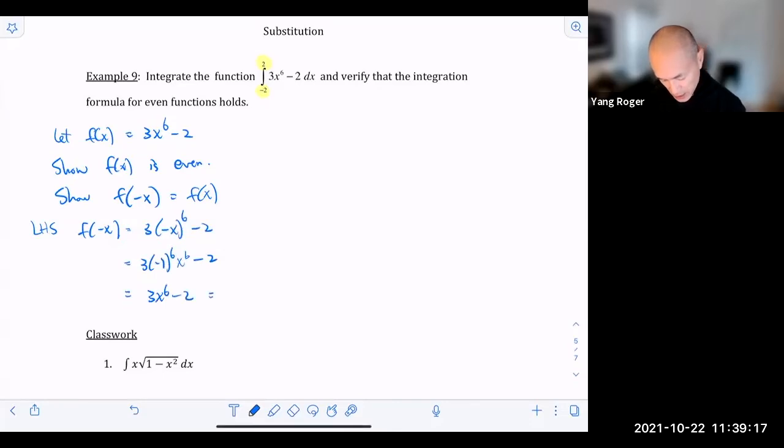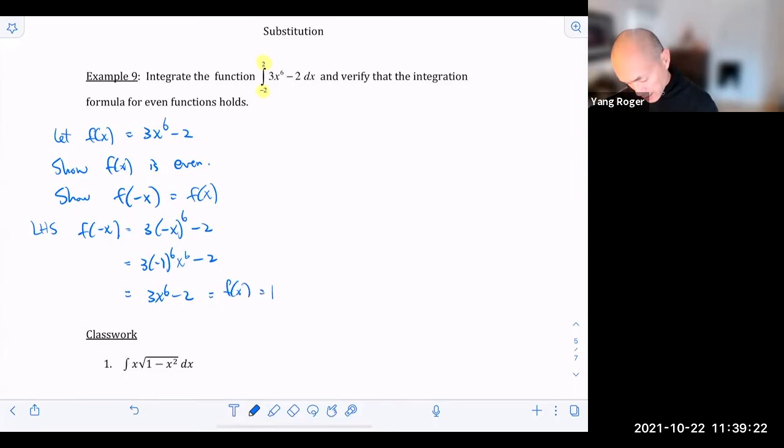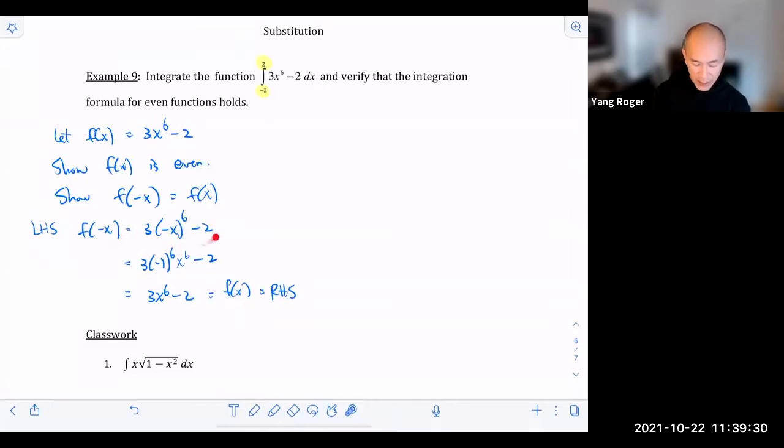And this was the f of x, which is the right-hand side. So what have I done? I used the definition of even to prove this function was even. Oh, sorry. LHS is left-hand side. RHS is right-hand side.